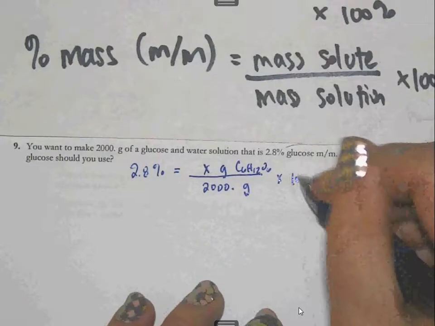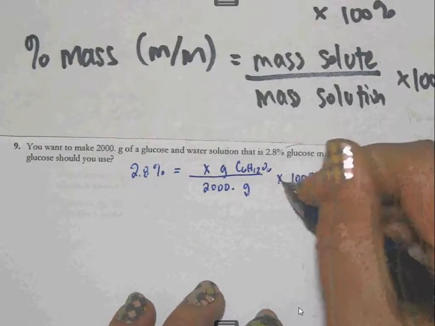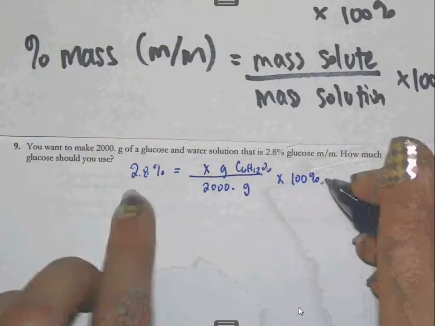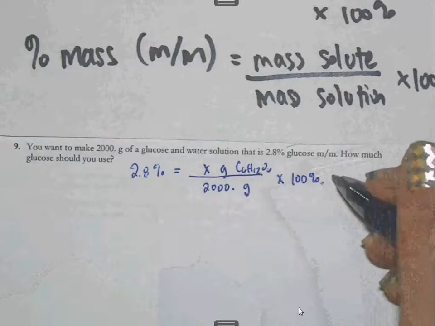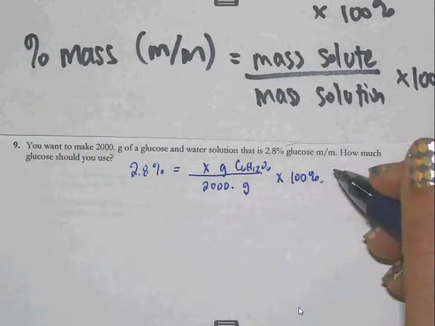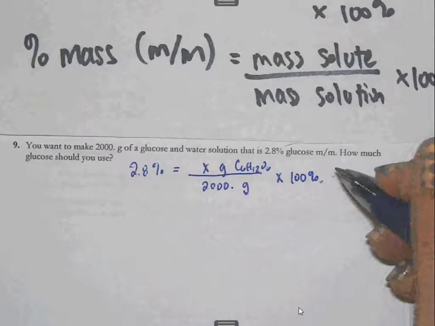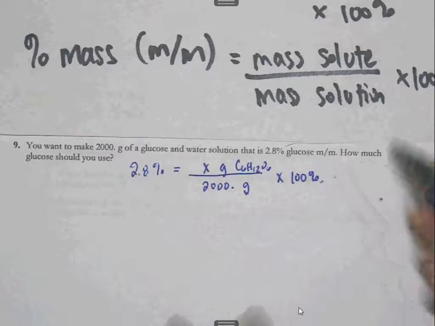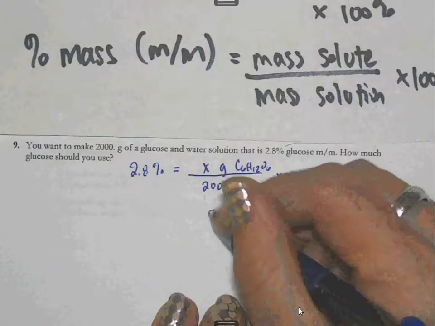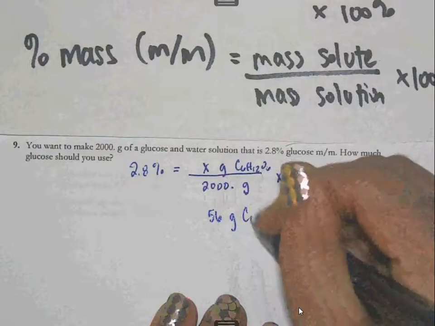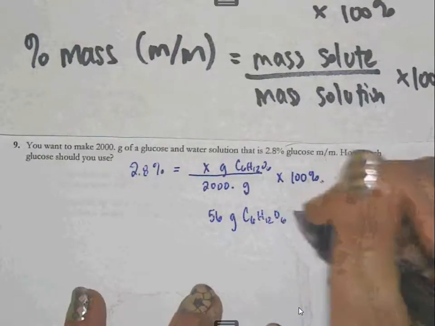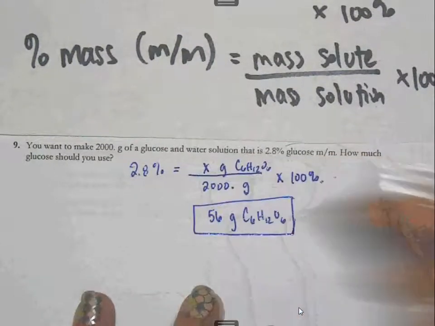And then again, don't forget that I had to multiply this number by 100 in order to get 2.8%. So that means I'm going to have 0.028 times 2,000. So that gets me an answer of 56 grams of glucose in order to make that kind of a solution.